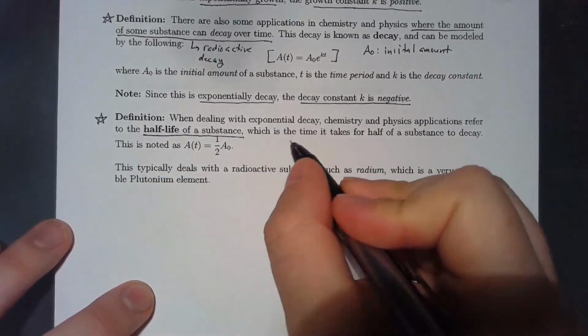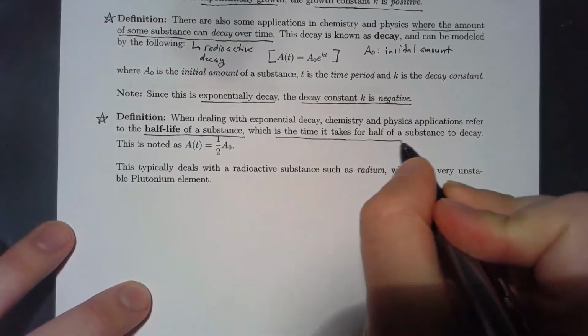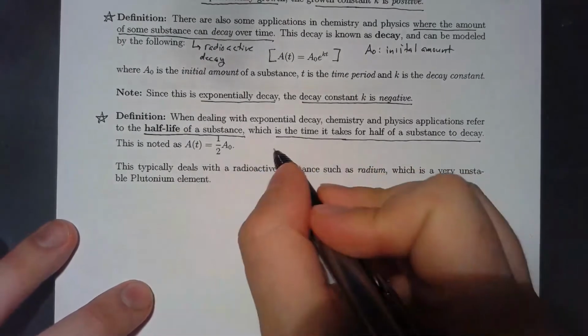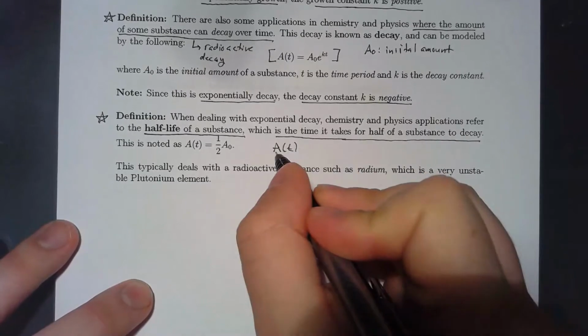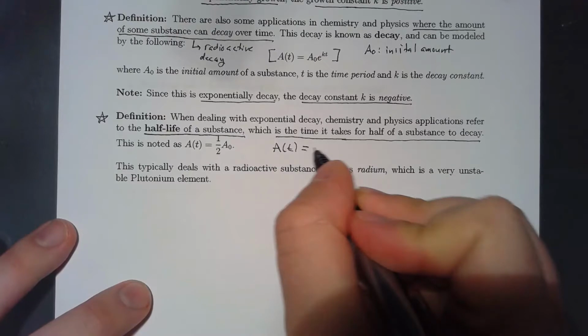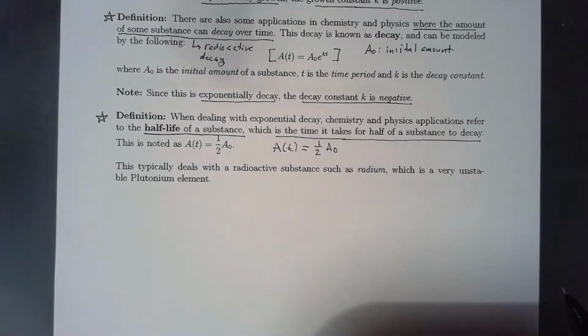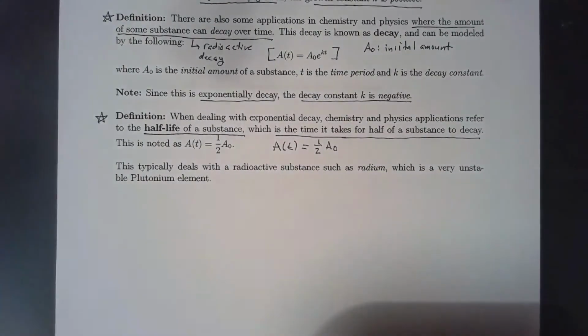That's the time it takes for half of a substance to decay. The way we represent that: if this represents the amount of stuff as a function of time, the half-life is when it equals 1/2 of the initial amount. That's how much time it takes for half of the stuff to be decayed.